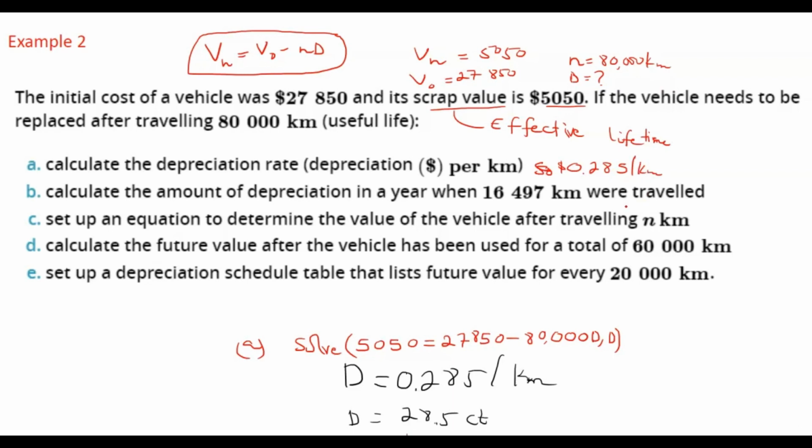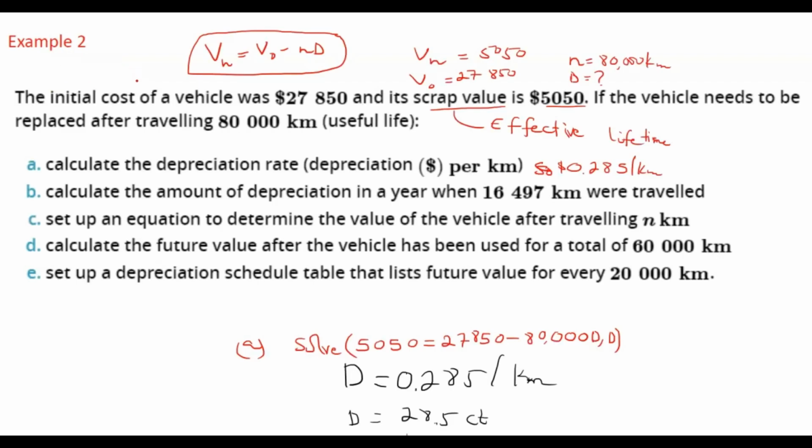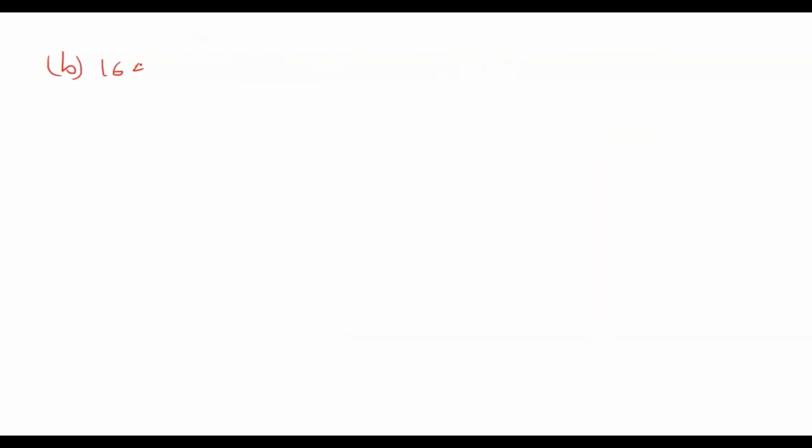The next part of the question is asking us to calculate the amount of the depreciation in a year when 16,497 kilometers were traveled. All we have to do is multiply these two. So let's do that. 16,497.